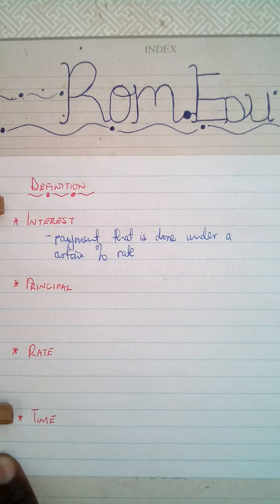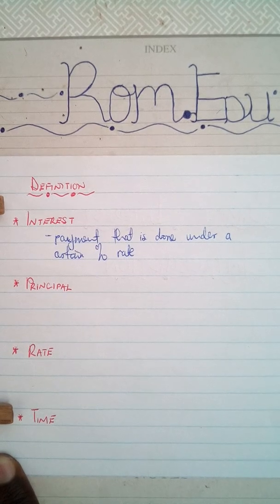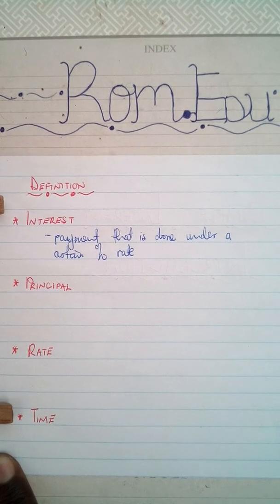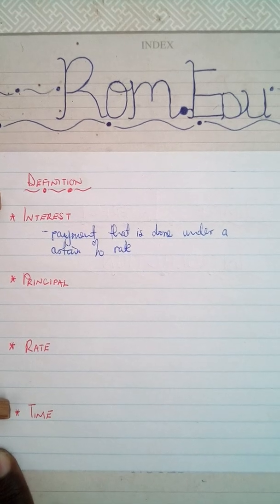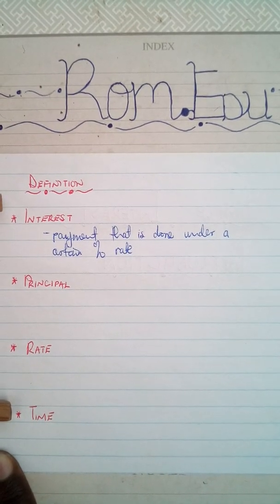So there's a certain payment that is done either to the borrower or to the lender, under a certain rate. That is what we call an interest. It's like either a charge or a benefit, depending on whether you are the lender or the borrower.